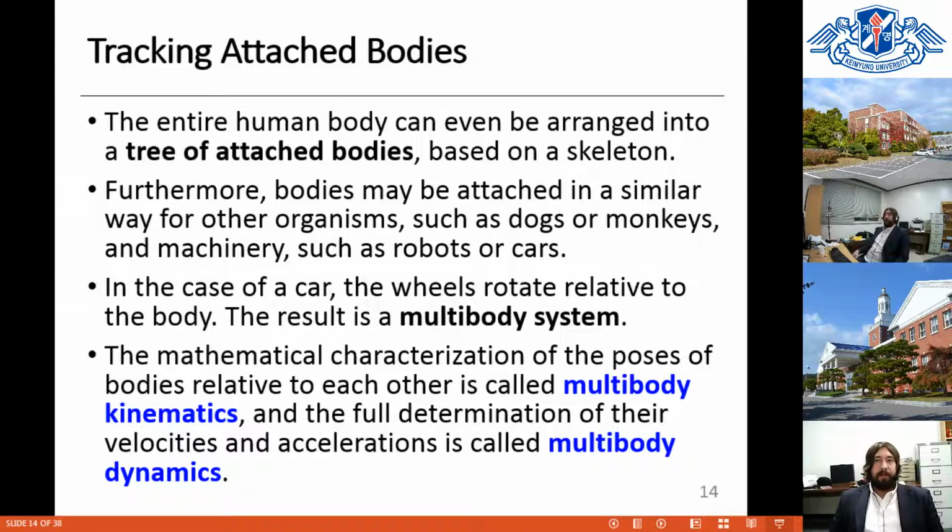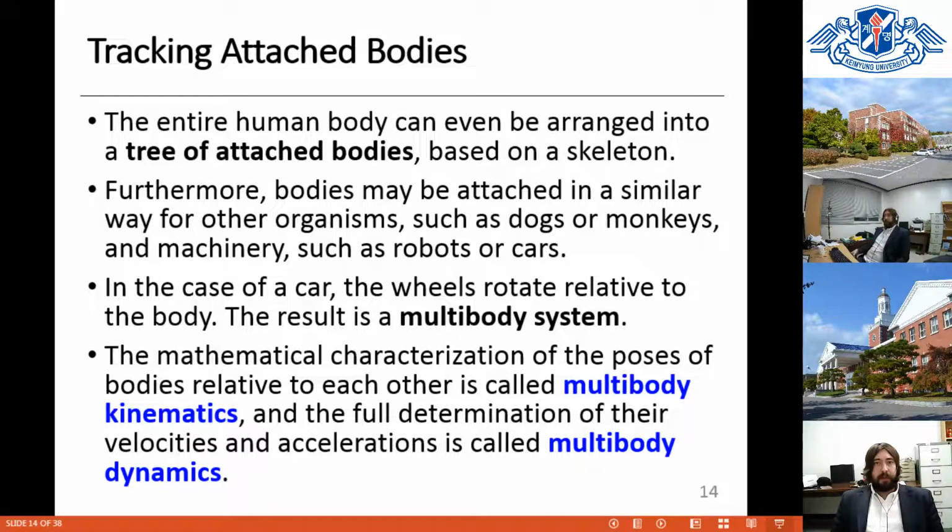Bodies may be attached in a similar way in other organisms such as dogs or monkeys, and in machinery, for instance robots and cars. Actually, the human body and those industrial devices have a very similar structure if you consider them in terms of bones and joints.